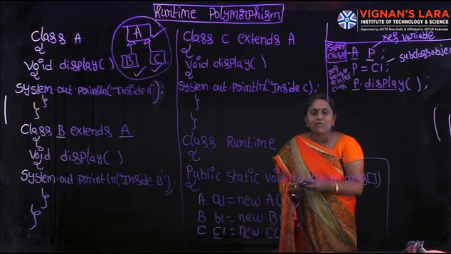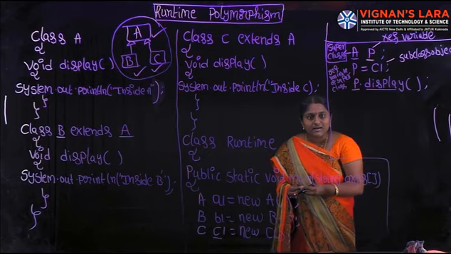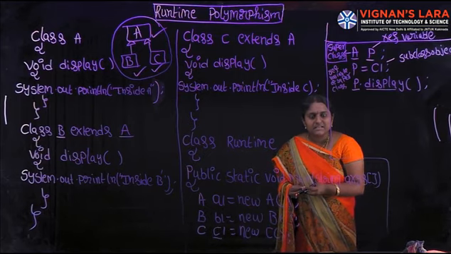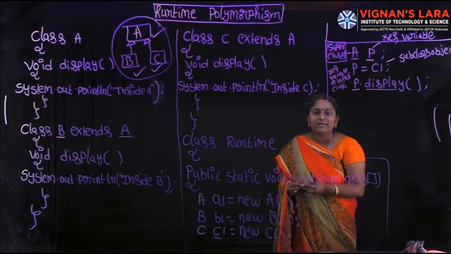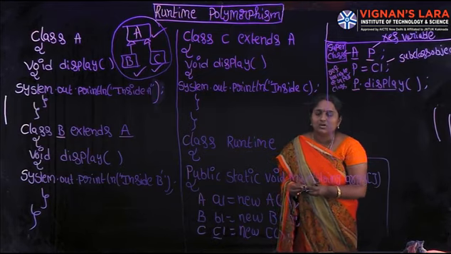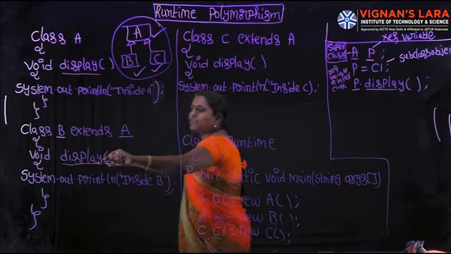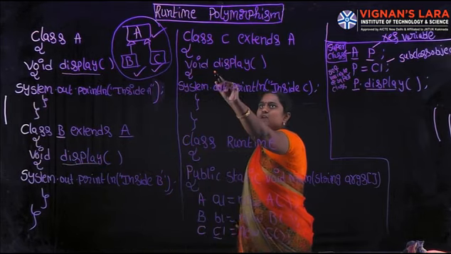But at the time of runtime, JVM checks if the methods participated in method overriding or not. So JVM checks in the A class, already we have written the display method. In the B class we have written the display method. In the C class we have written the display method.